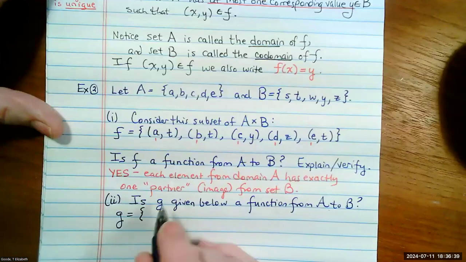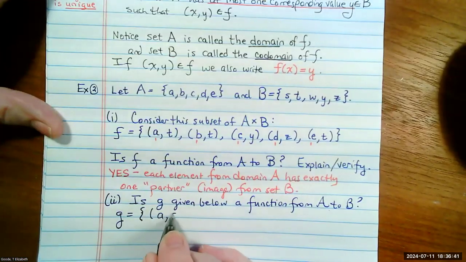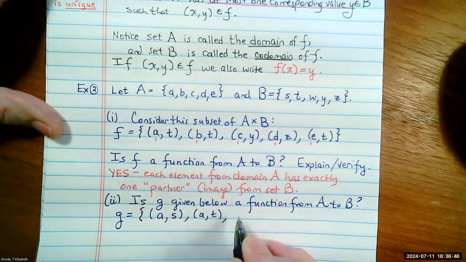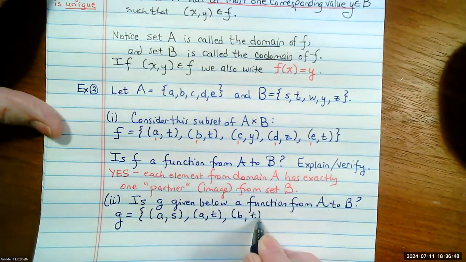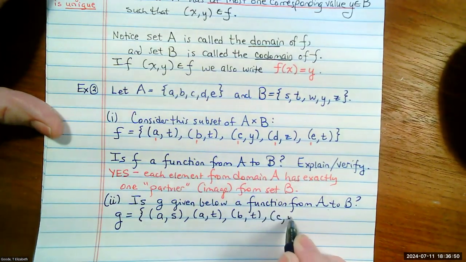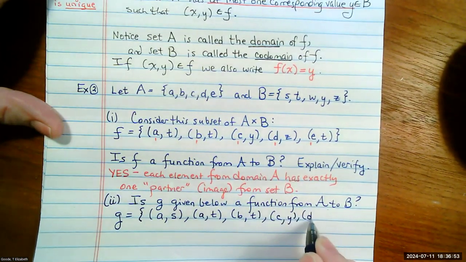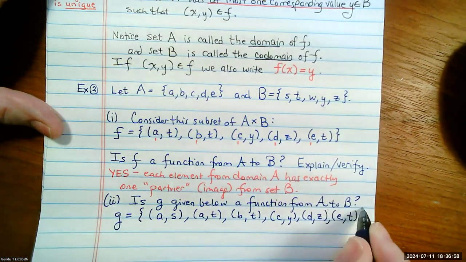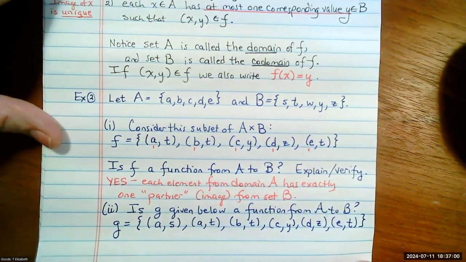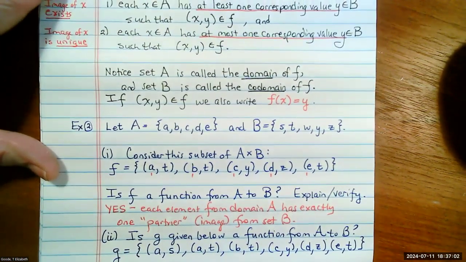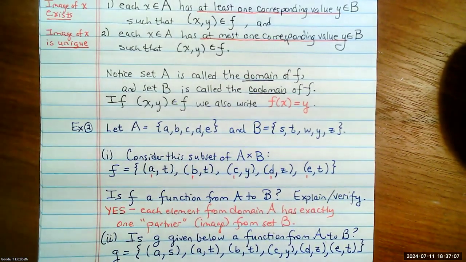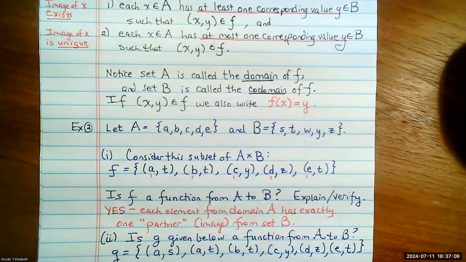It's the set that has (a, s), (a, t), (b, t), (c, y), (d, z), (e, t). Is that a function from A to B? What do you think? Speak up.